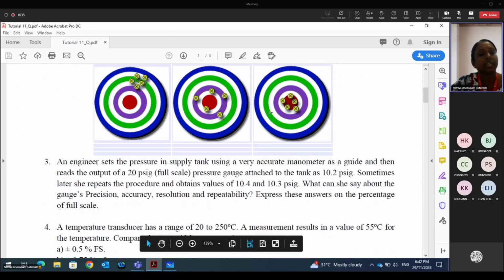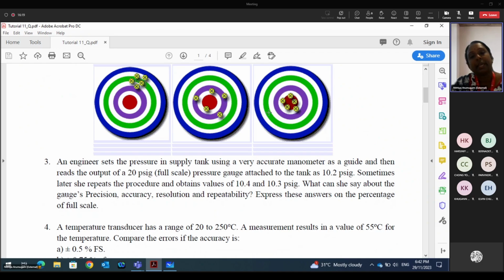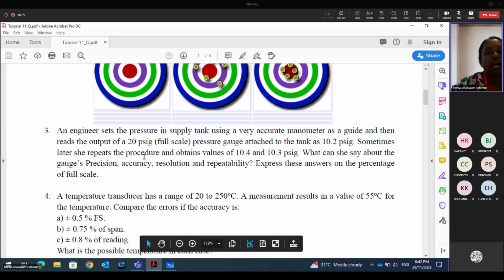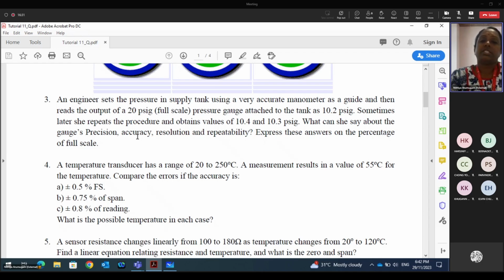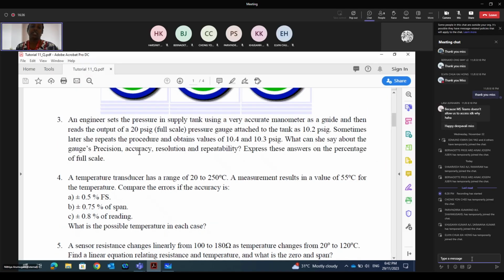Now, question number 3. An engineer sets the pressure in a supply tank using a very accurate manometer as a guide, and then reads the output of a 20 psig full scale pressure gauge attached to the tank as 10.2 psig.